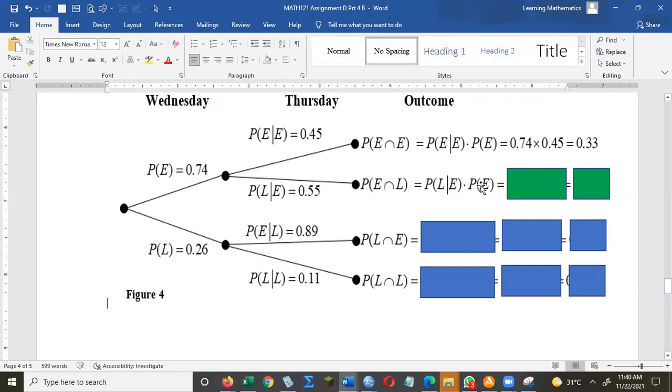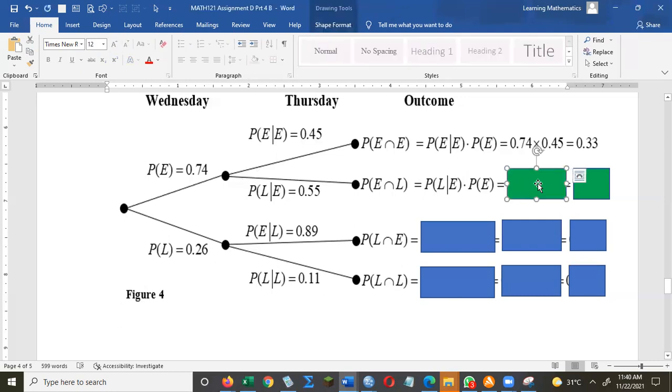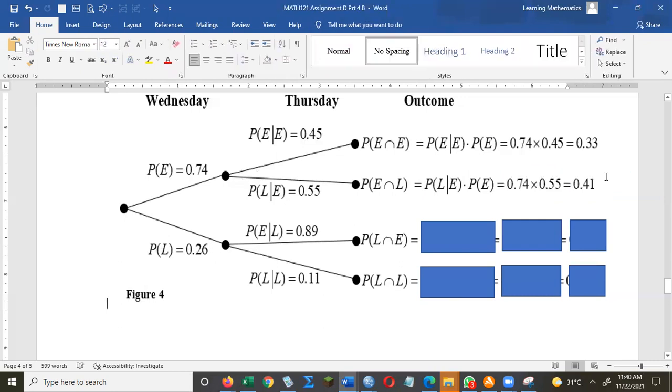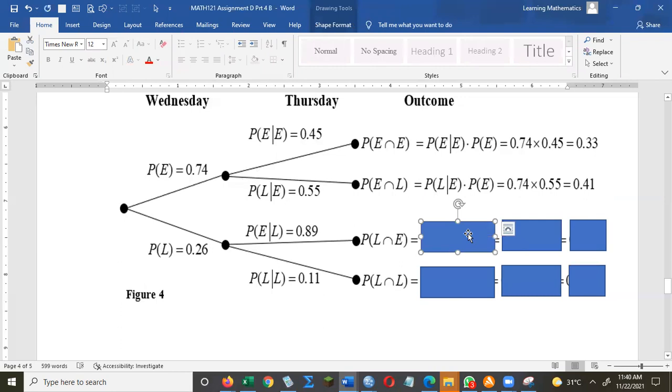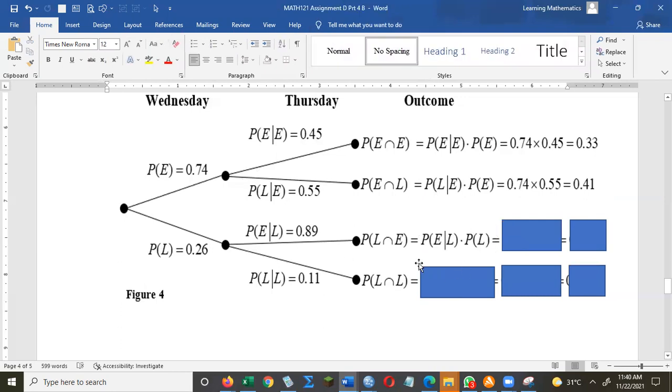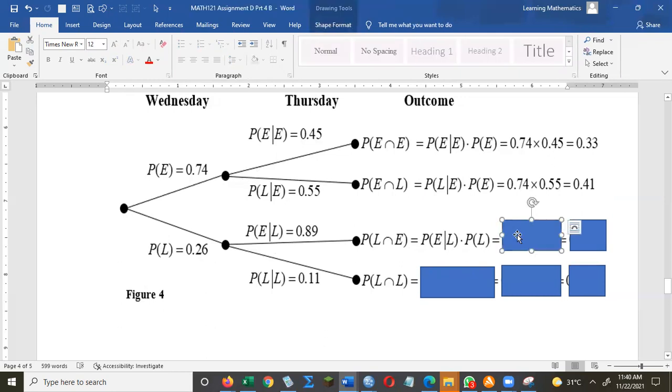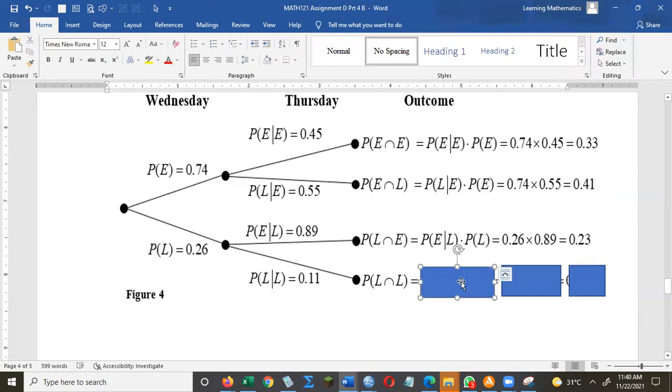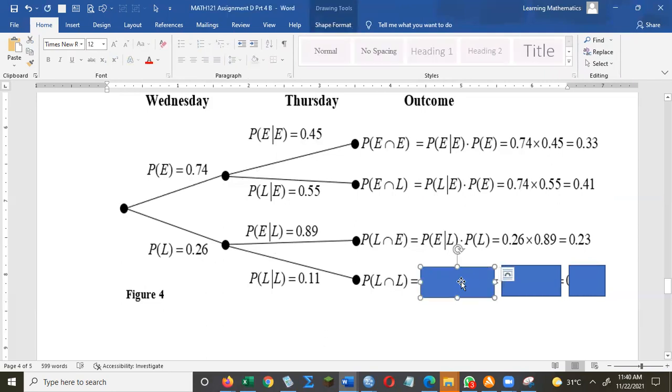And here it is, E given L times L. Right, exactly. Even though you have L given E up there and E given E down there, it doesn't matter.